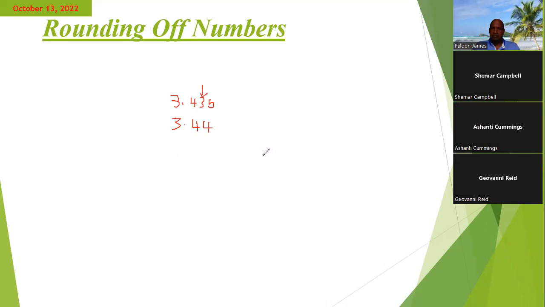Because it's equal to 5. Would it be because it's actually in the 10th place? Is it because it is in the 10th place? Yes, sir. It doesn't necessarily have to be in the 10th place, you know. Oh, all right.